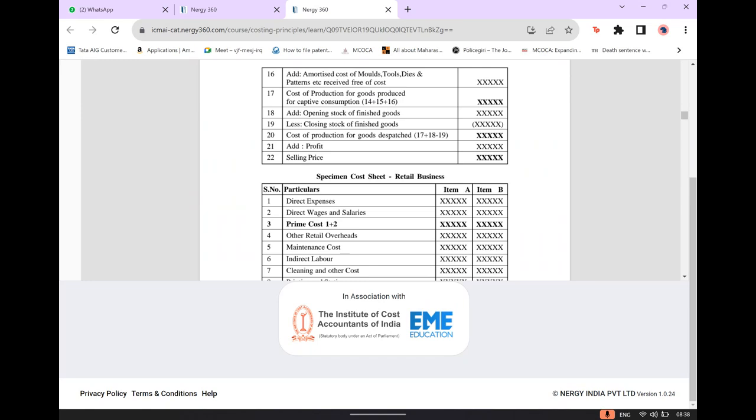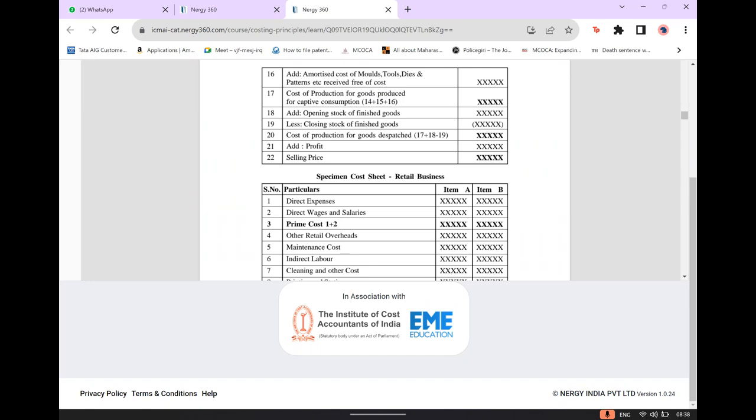Then you get cost of production for goods produced for captive consumption. Then you add the opening stock of finished goods, closing stock of finished goods. Then you get the cost of production for the dispatched material. You add the profit element. You get the selling price. So I told you certain times you have to prepare a quotation and all that. So that quotation also will be a part of your cost sheet only.